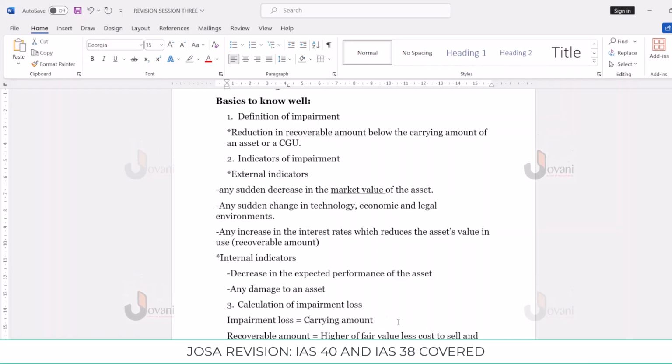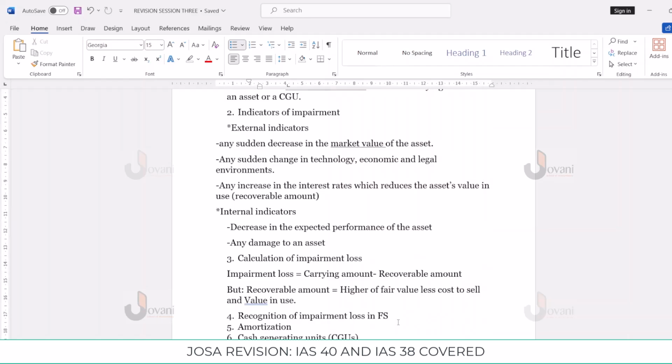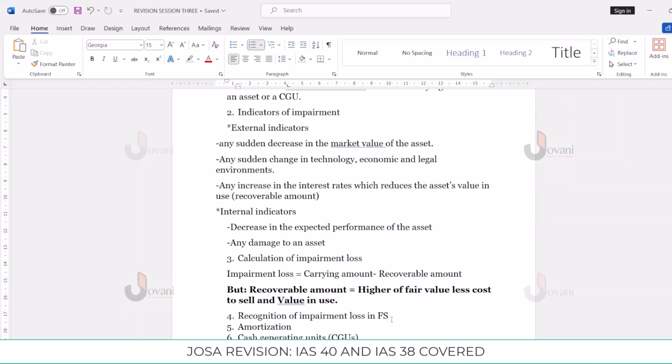Is that okay with everyone? Yes, it is. Of course, we shall not do so many calculations at your level.